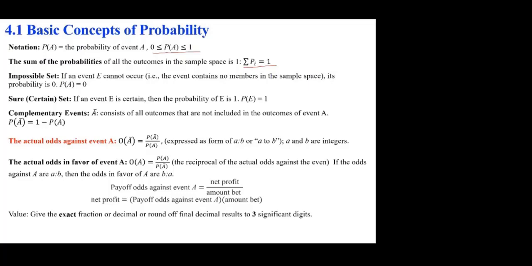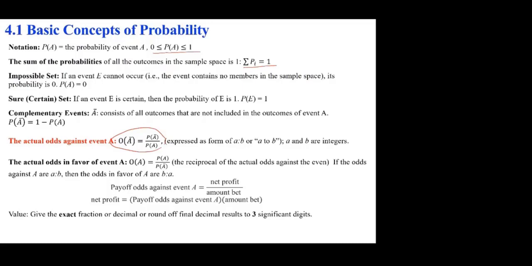So the way the odds are defined, normally when we hear that, it's defined as odds against an event A. So against an event A, it is defined as the probability of A complement over the probability of A. And it is normally expressed in the form of A to B, where both of them are integers, whole numbers.